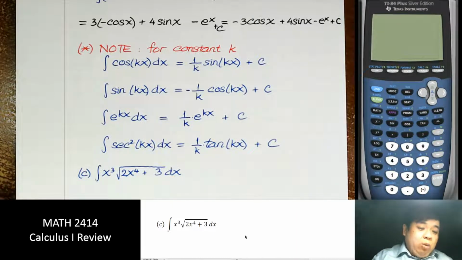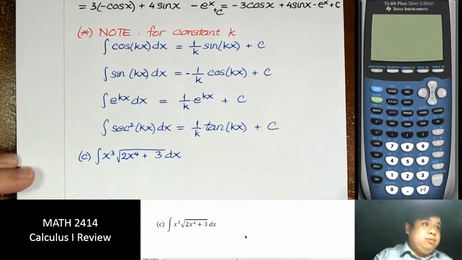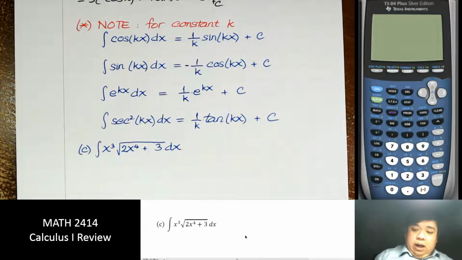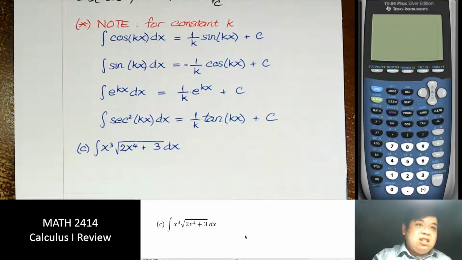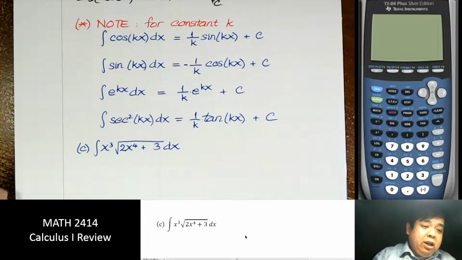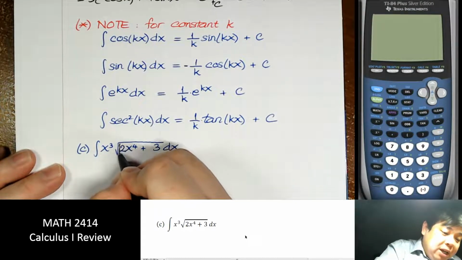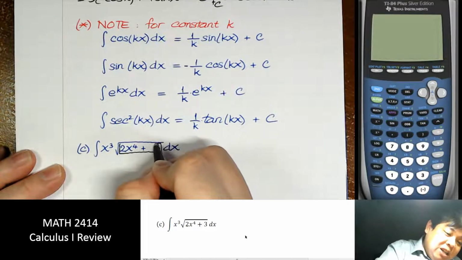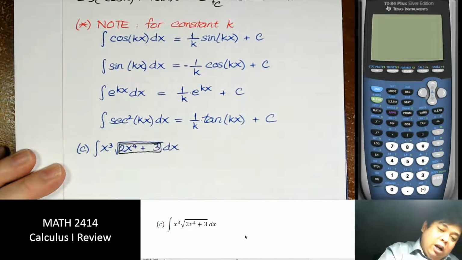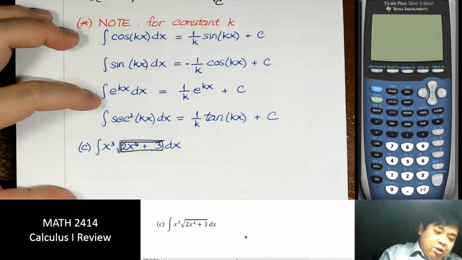So here what we have is a substitution rule. If you're taking my calculus 1 class, then there is a certain style that I go by here. We use substitution, and I will let u equal to, usually, what is inside the parentheses. I will let u equal to x to the 4th plus 3.